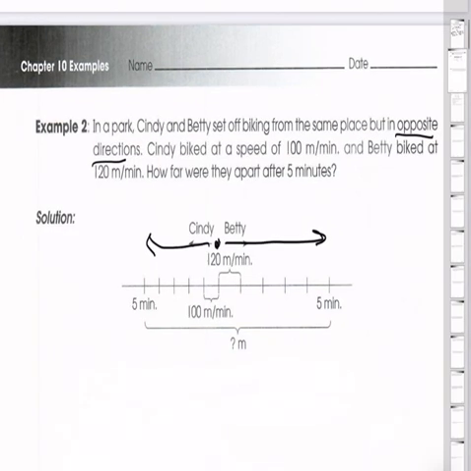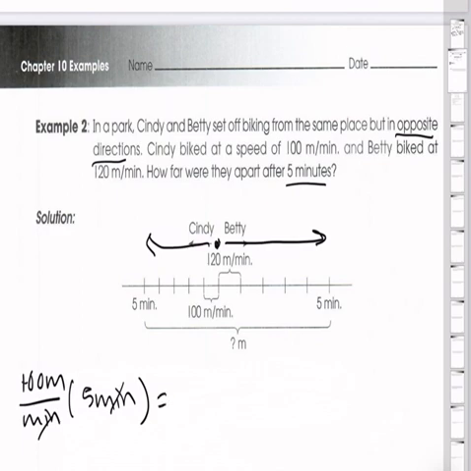Okay, so how do we approach this? Well, we do the same thing. Cindy biked at a speed of 100 meters per minute, and we know she went for 5 minutes, right? Because it says how far apart were they after 5 minutes. So she traveled 500 meters.